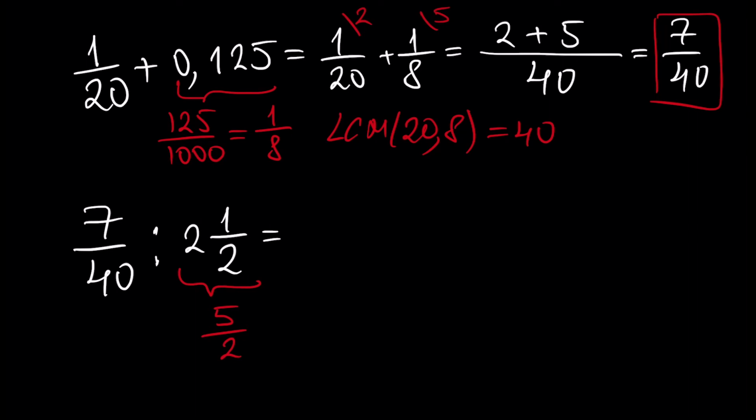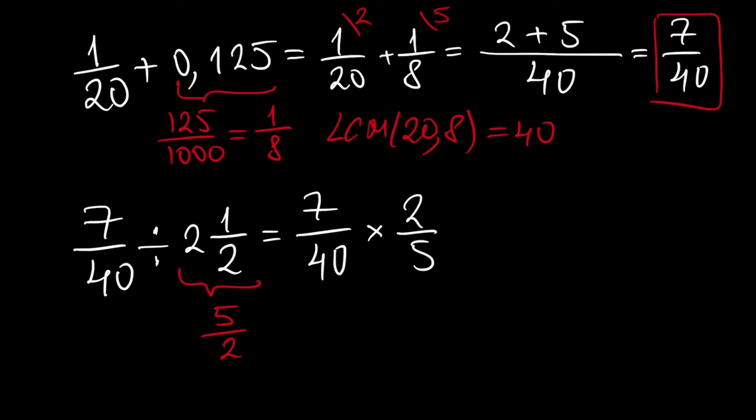And if we rewrite it, it will be 7/40. We transform division into multiplication, and we change numerator and denominator of the second fraction. It will be 2/5.